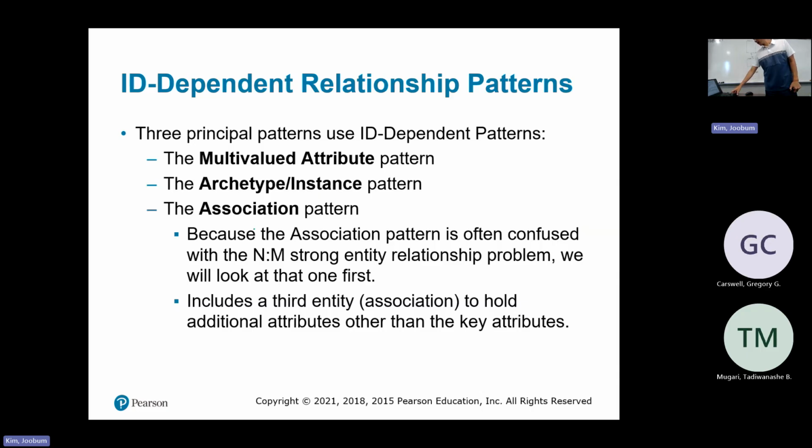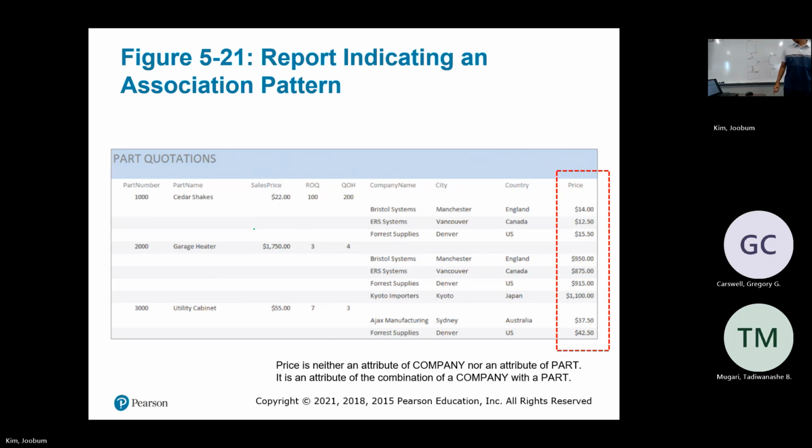The association pattern I already explained, like between car and customer, a many-to-many relationship: the rental date, cost, what kind of car, and so on. In order to store those kinds of intersection data, we need an associative entity.